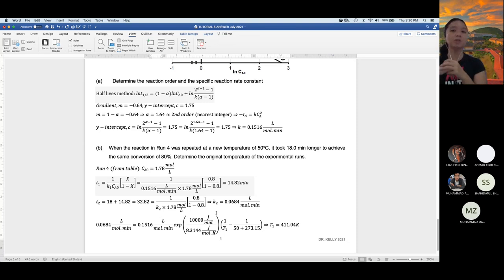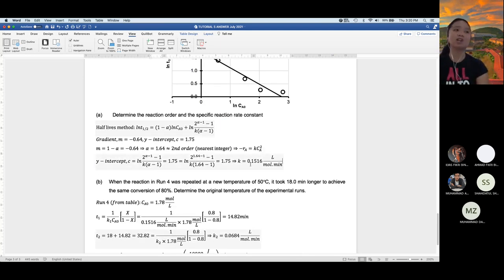Okay, maksudnya kita kena tahu K1, K2, T2. Macam mana kita nak cari? Okay, maksudnya sekarang again I repeat, dia nak cari T1, suhu asal. So maksudnya kita kena tahu K1, K2, T2. Okay, so K1 kita dah tahu sebab dalam part A kan kita dah cari K. K pada part A itu adalah pada suhu asal. So kita dah tahu K1, kita tak tahu T1.